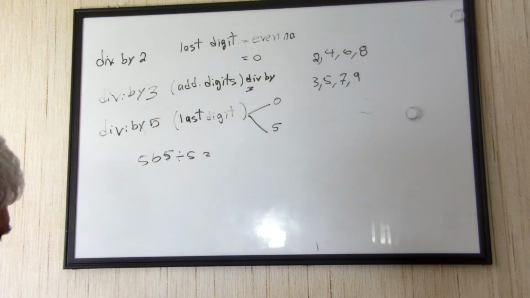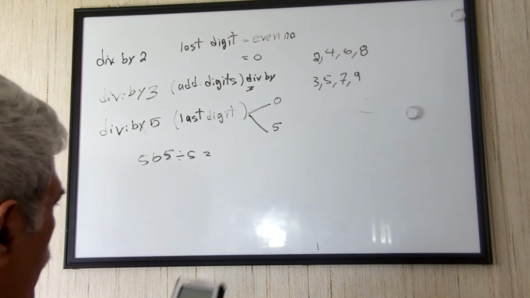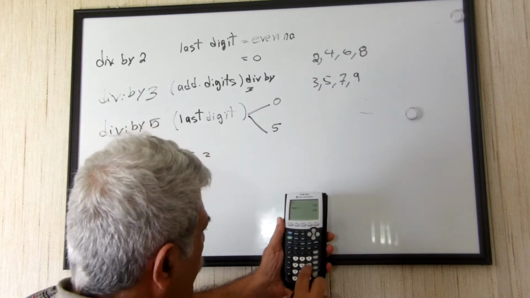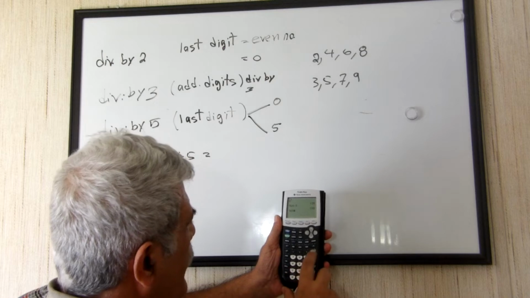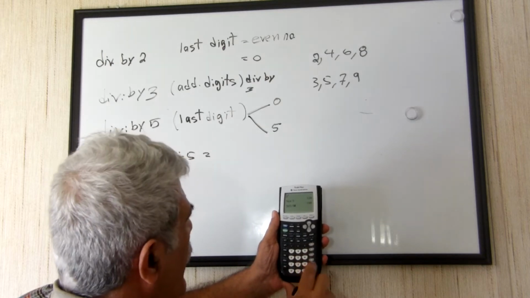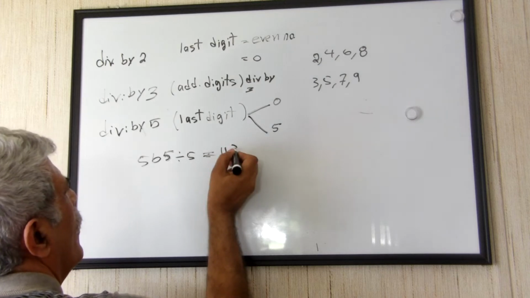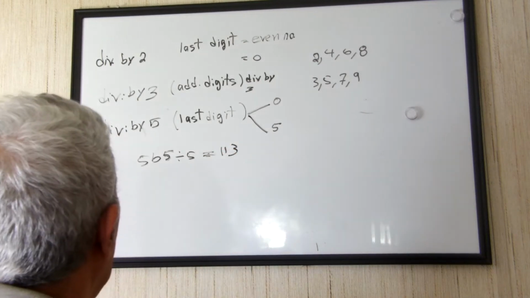You can check it in the calculator: 565 divided by 5 equals 113. Okay?